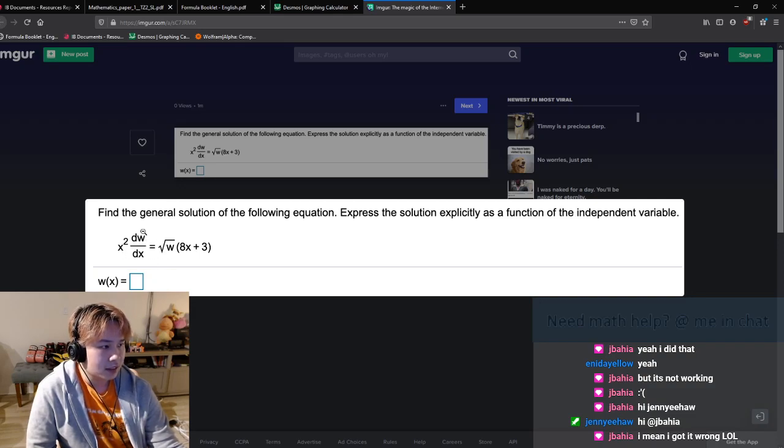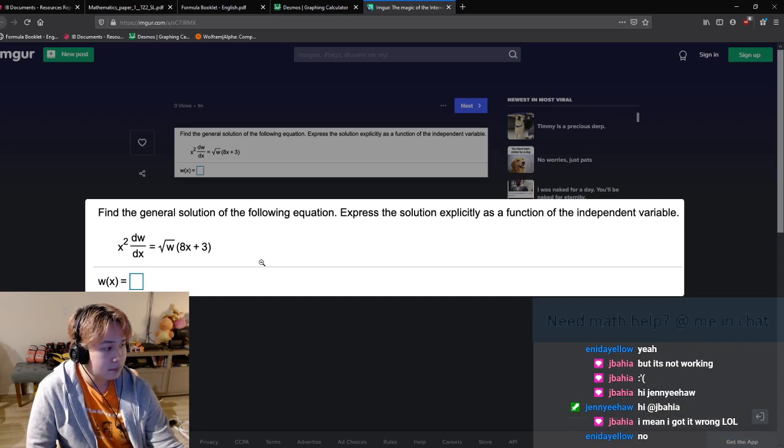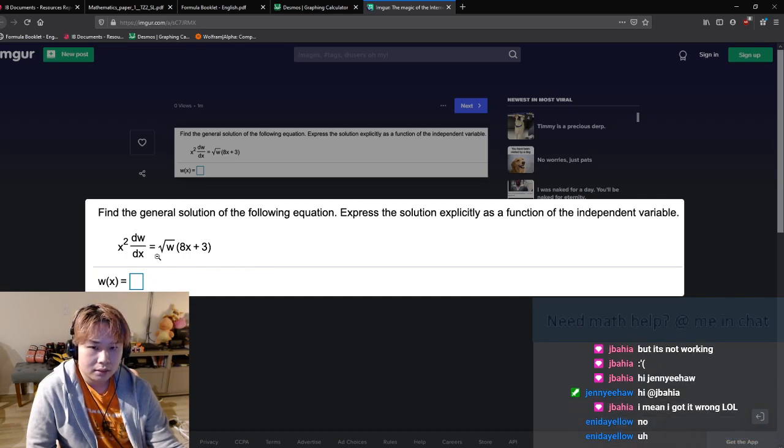Don't you need to use like fancy integration techniques? Like separation of variables or something? And then you take the integral of both sides?